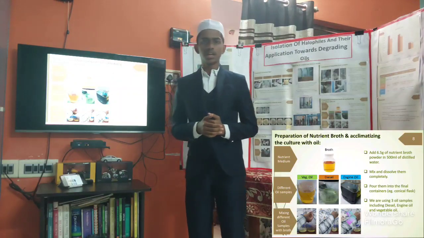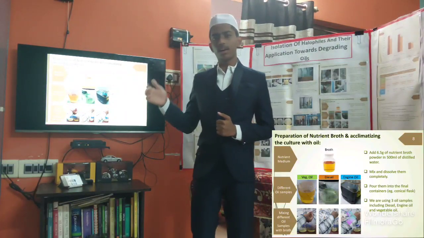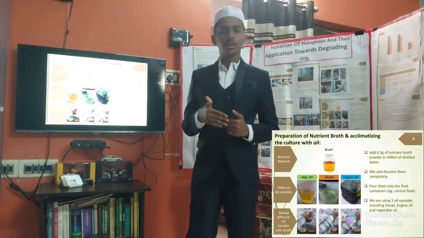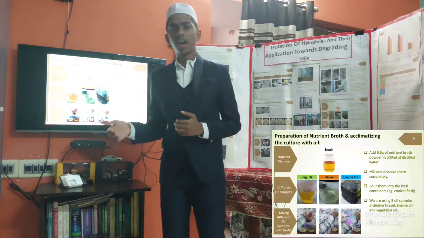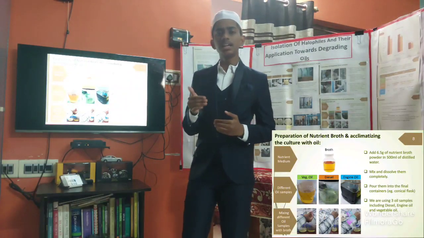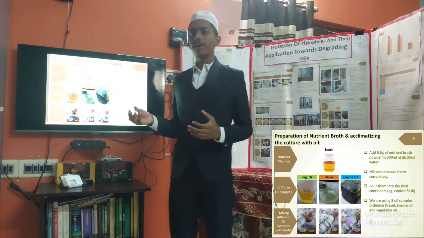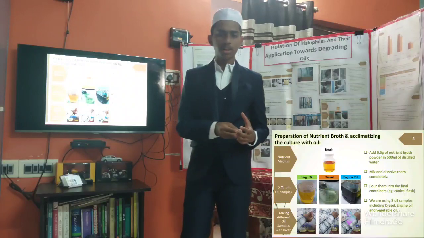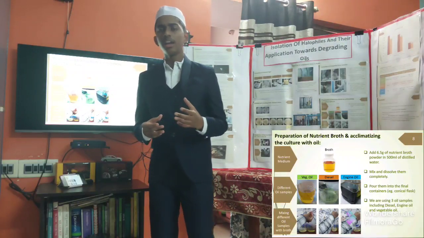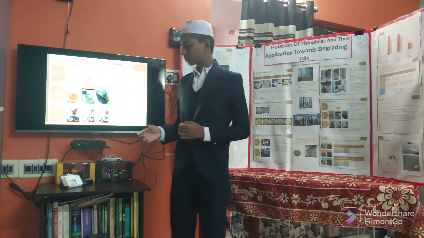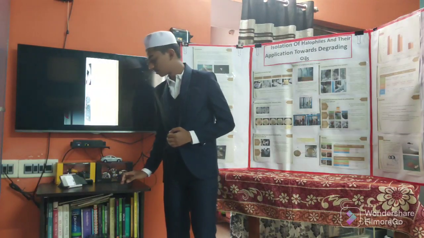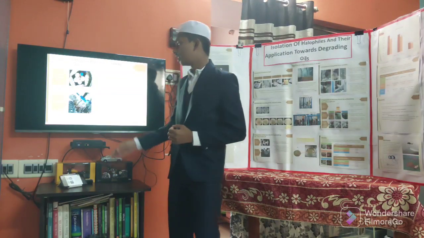After adding these together, we have to sterilize these along with the oil in the autoclave for 15 minutes until it reaches 121 degrees Celsius. After that, we have to add 5 ml of oil in this broth along with the colony and incubate it for 1 to 2 days. This is the incubation pictures.